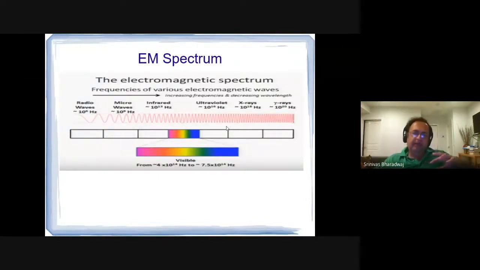Ultraviolet, X-rays, gamma rays are above the blue. The visible spectrum is just 4 to 7. Everything above is ultraviolet, X-ray, and gamma ray. Everything below is radio waves and microwaves. A lot of the wireless happens in here.